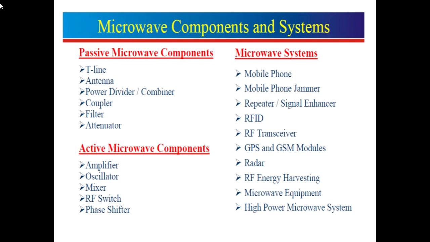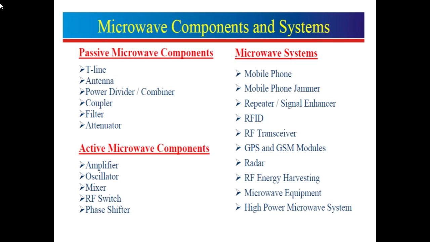And now we'll go through some microwave components and systems. We have passive microwave components, active microwave components, and some microwave systems. Passive components are the transmission line, antenna, power divider, coupler, filter, and attenuator, which do not require any active devices at all.